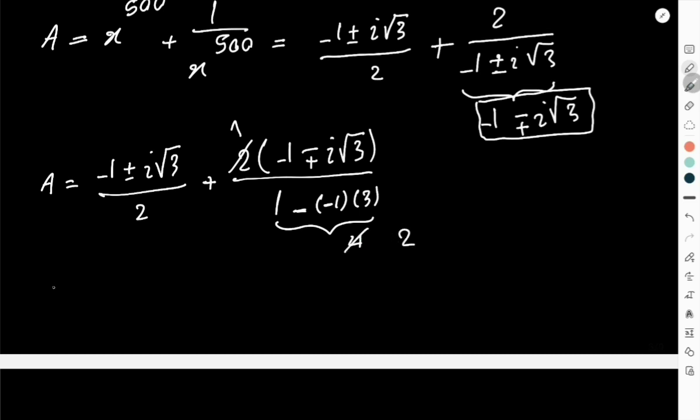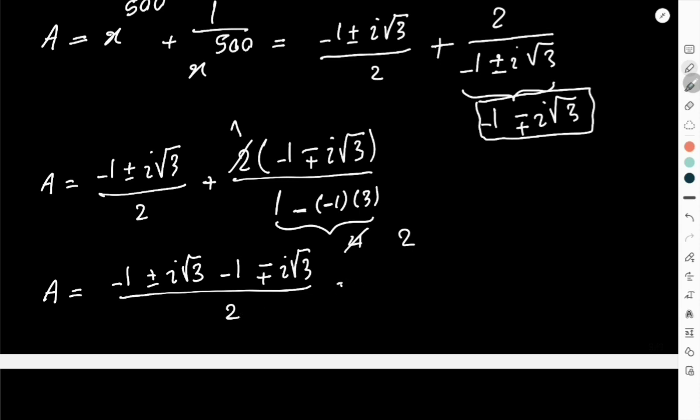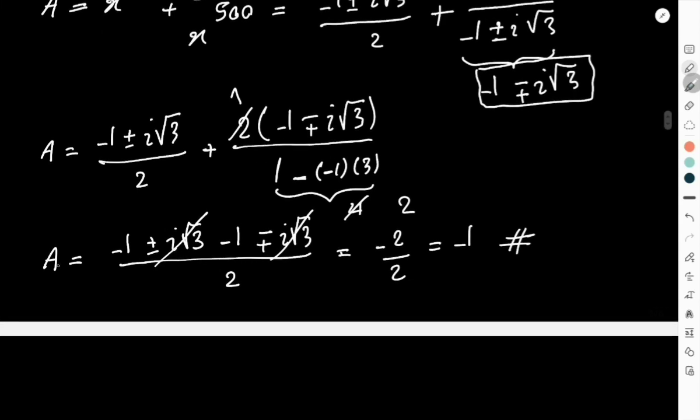And then A equals minus 1 plus minus i square root of 3 over 2, and here again minus 1 minus plus i square root of 3 over 2. As a matter of fact, this always cancels this part, because for plus we have minus, for minus we have plus, and then you have minus 2 over 2, which is minus 1. So we proved using a different method why that expression A is equal to minus 1.